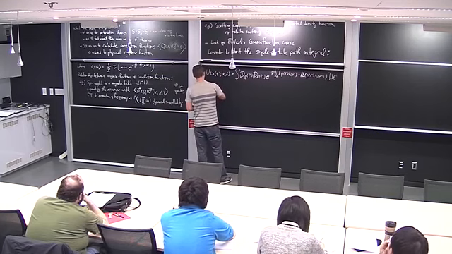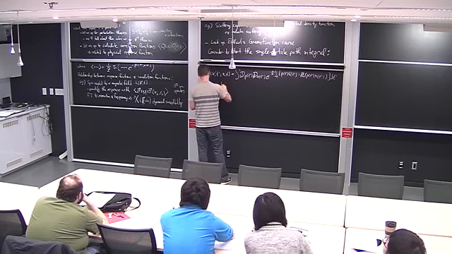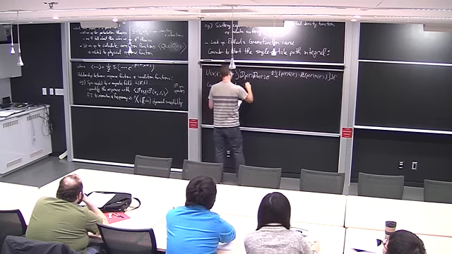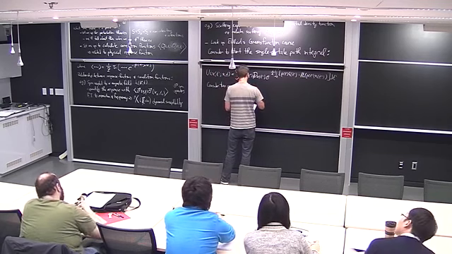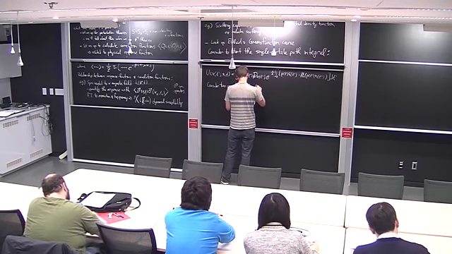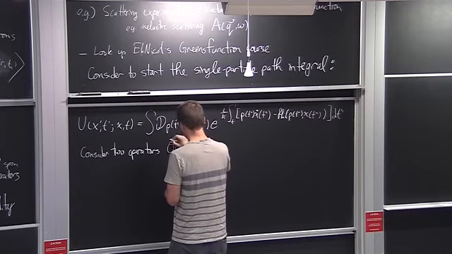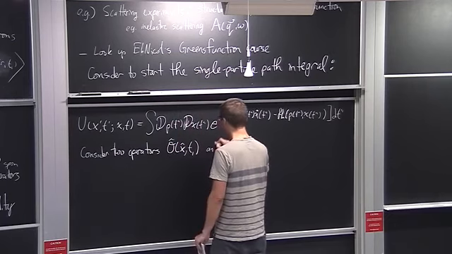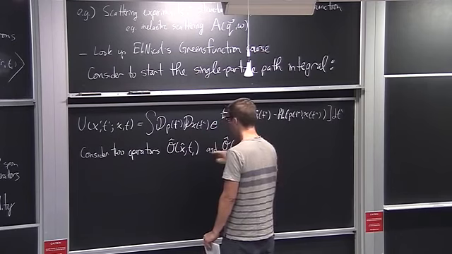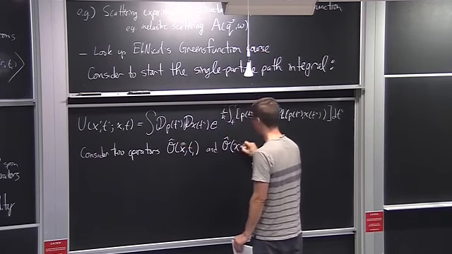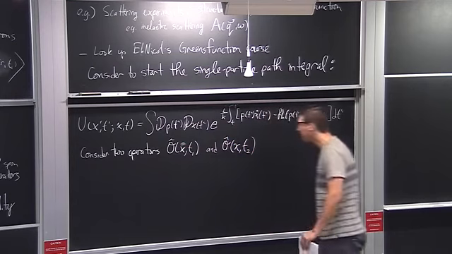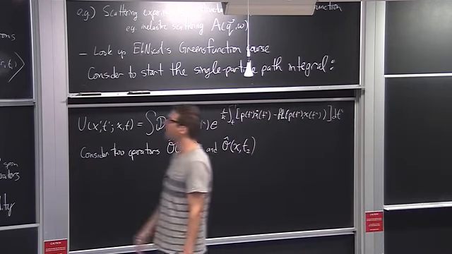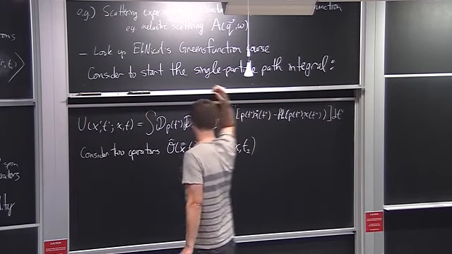So let's consider 2 operators. These things operate on 2 different times. So just very generally, I'm constructing a 2-point correlation function like this for 2 different times.